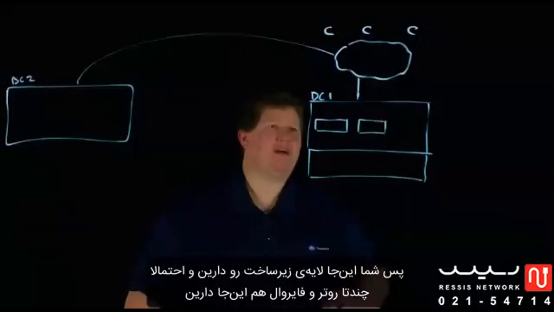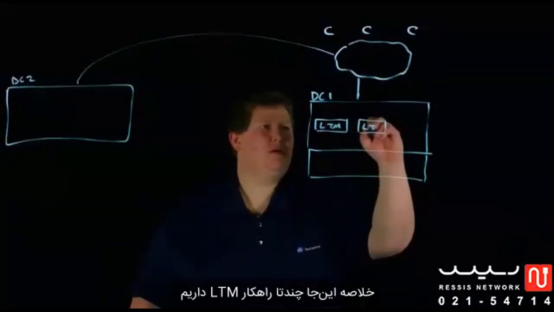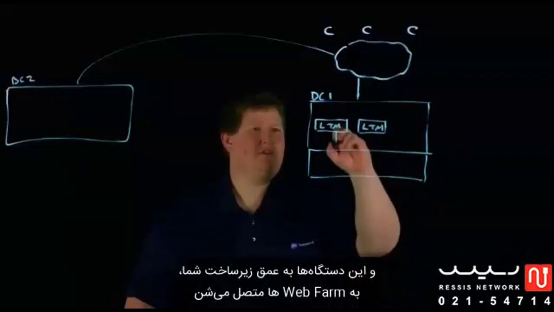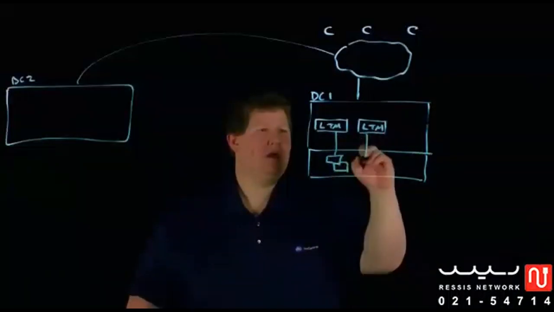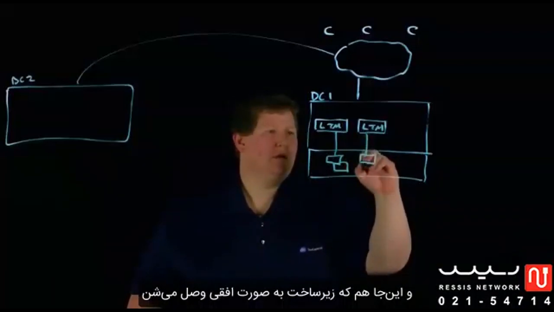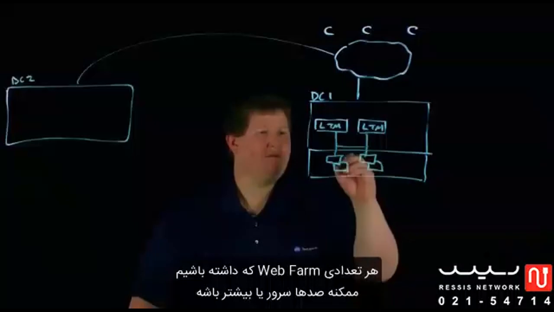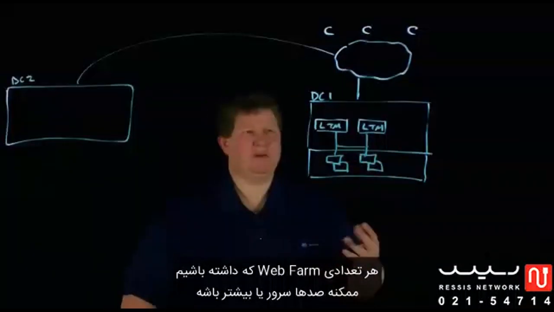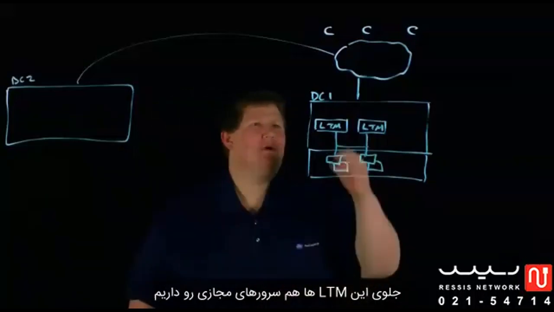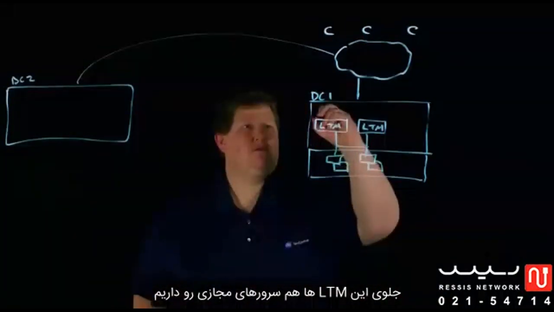You probably have some routers and firewalls in here, and so we'll have your LTMs, and those connect down through infrastructure to your web farms, that's sideways. So, any number of web farms in here, and say this is hundreds of servers or whatever. On the front side of these LTMs, you have virtual servers.